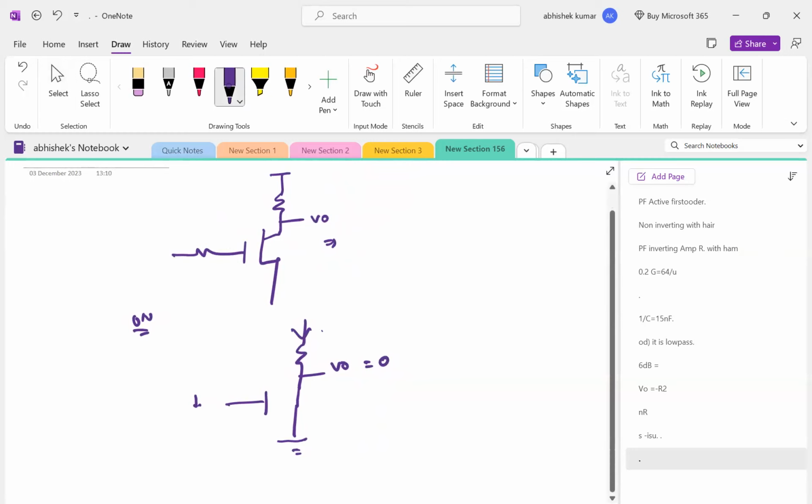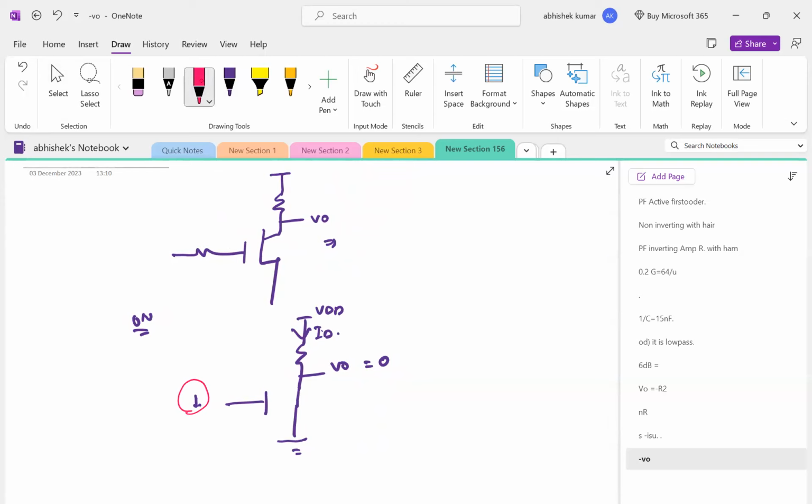Current will flow. This is like the saturated region in BJT. See, MOSFET is connected in that fashion that if we give signal logic 1 to MOSFET, the current will start to flow, right?